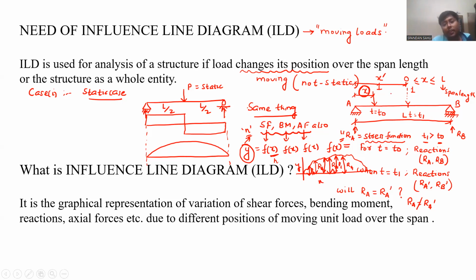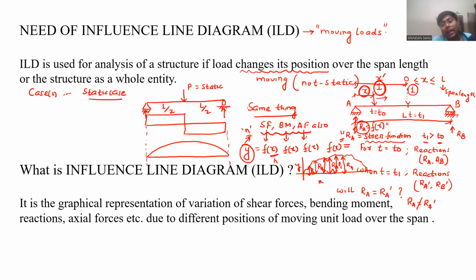Because if we take this as the reaction RA, RA is also varying due to variation in this external unit load 1. So with variation of this unit load, this RA is changing. So these different points of RA represent different locations of the external load.